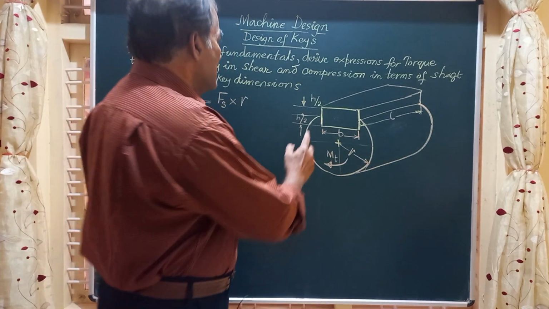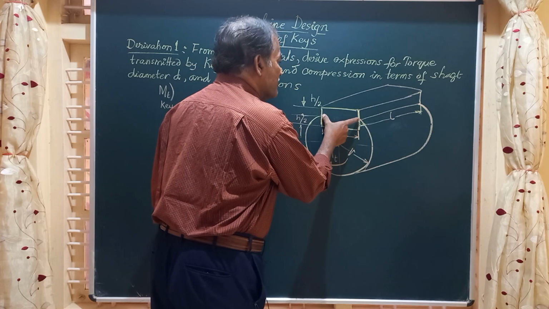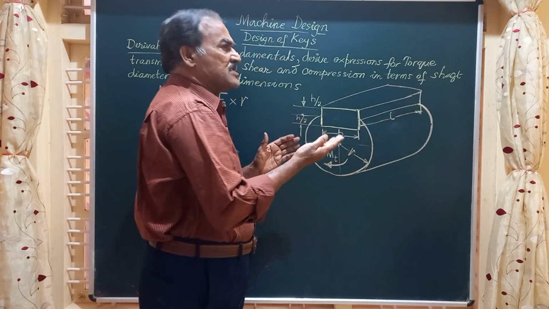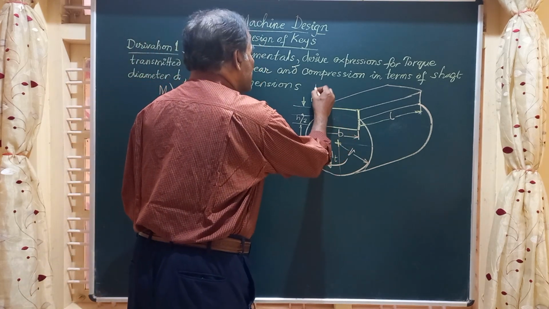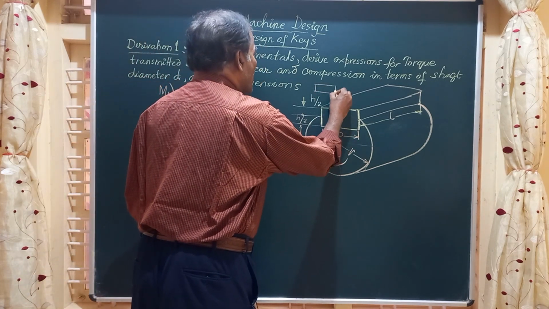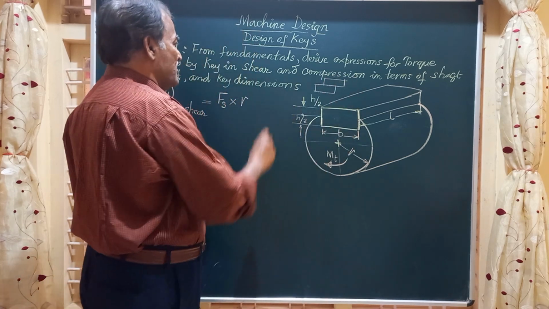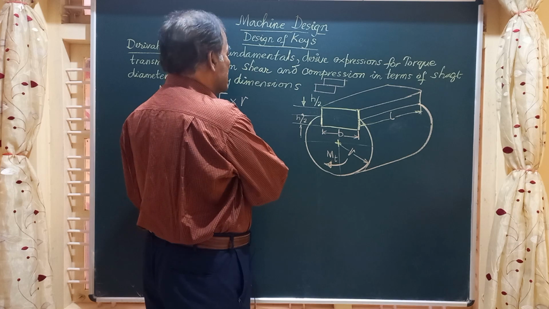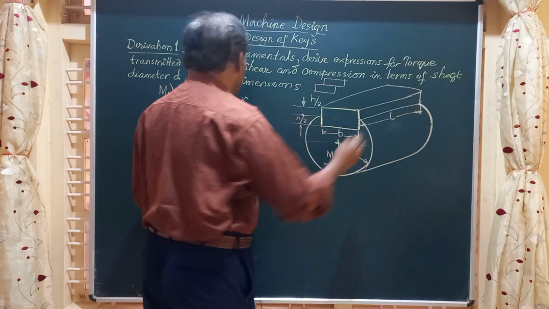See friends, this key at this junction has a dimension B into L. When it fails by shear, the key gets cut in this fashion, so half the key will move to the right and half to the left. The area under shear will be the width of the key multiplied by the length.